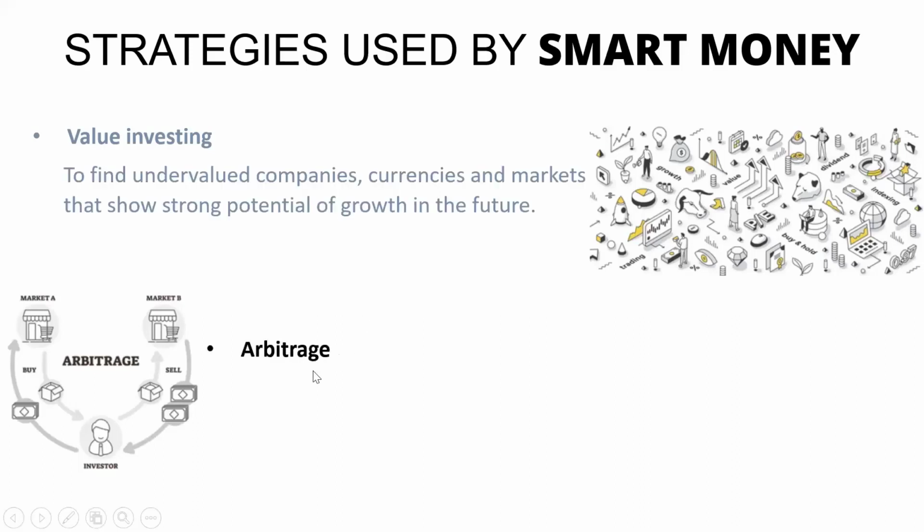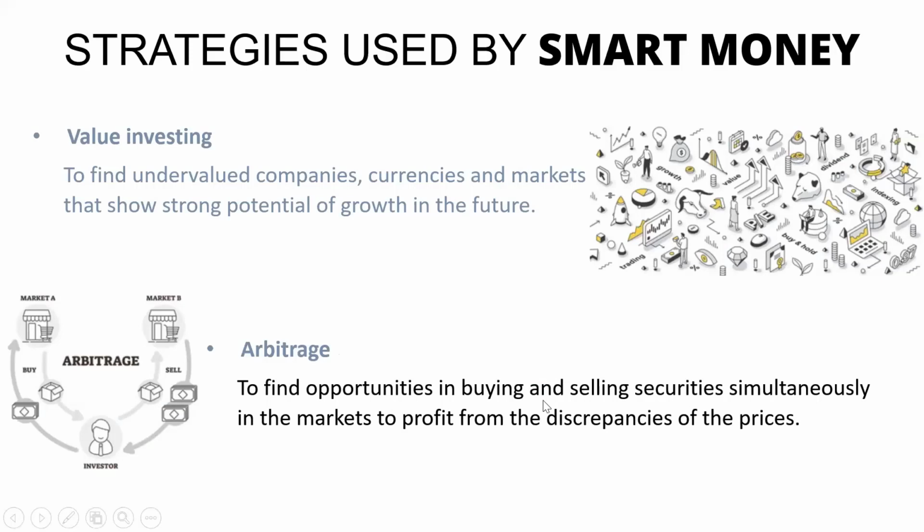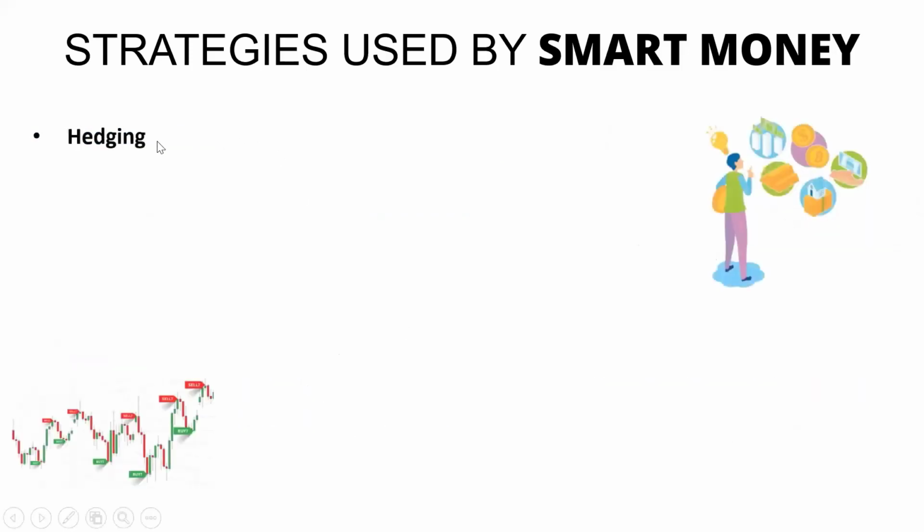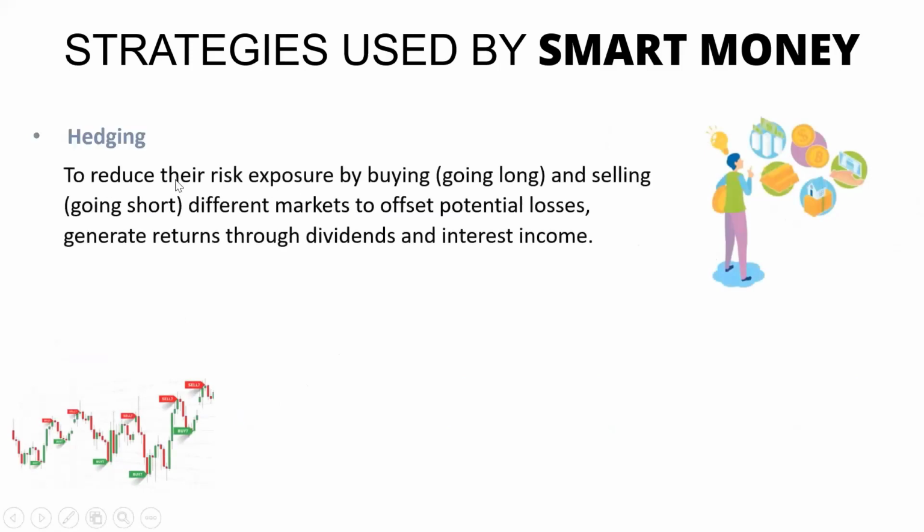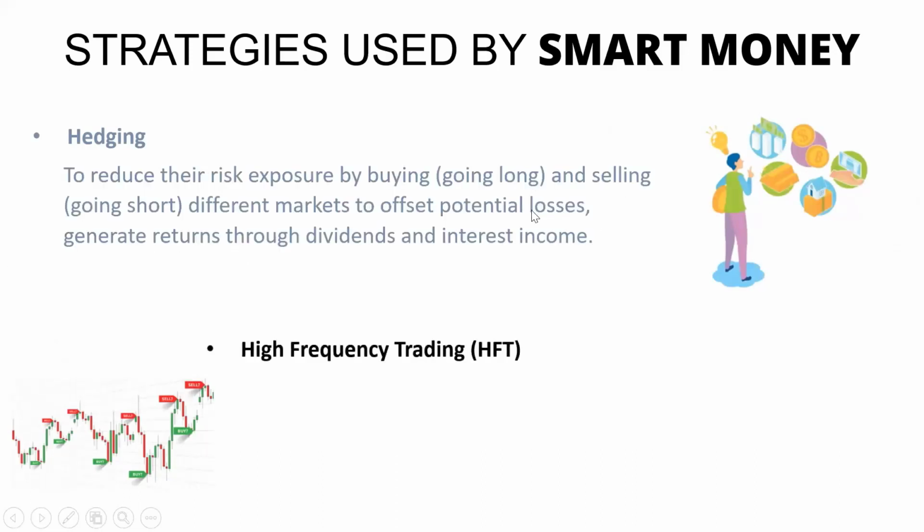And then they use arbitrage to find opportunities in buying and selling securities simultaneously in the markets to profit from the discrepancies of prices. They also use hedging strategies. So this is to reduce their risk exposure by buying or going long and selling or going short different markets to offset potential losses, generate returns through dividends and interest income.